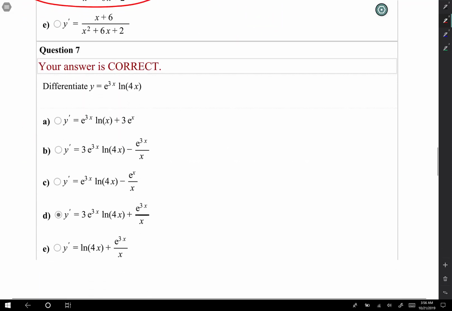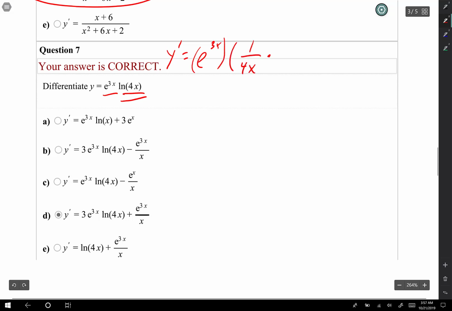Question 7, product rule. So y prime equals first times the derivative of the second, 1 over 4x times 4, plus second times the derivative of the first, so 3e to the 3x. So y prime equals, these 4's cancel out.